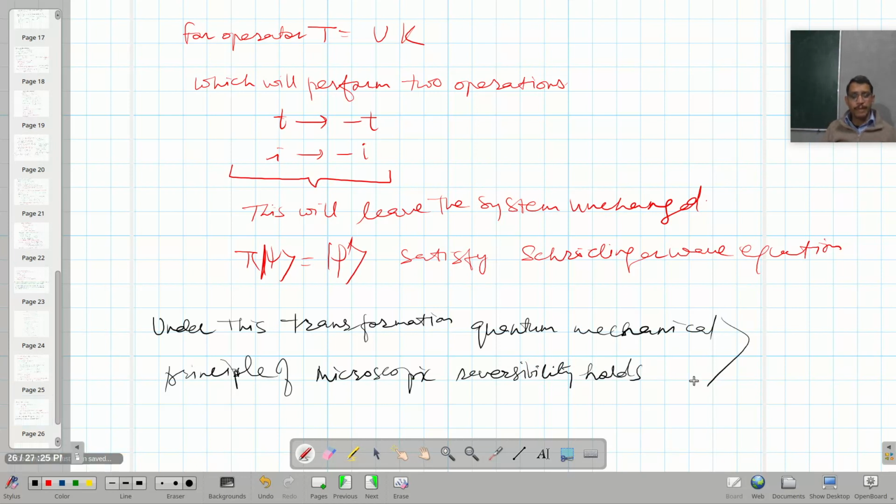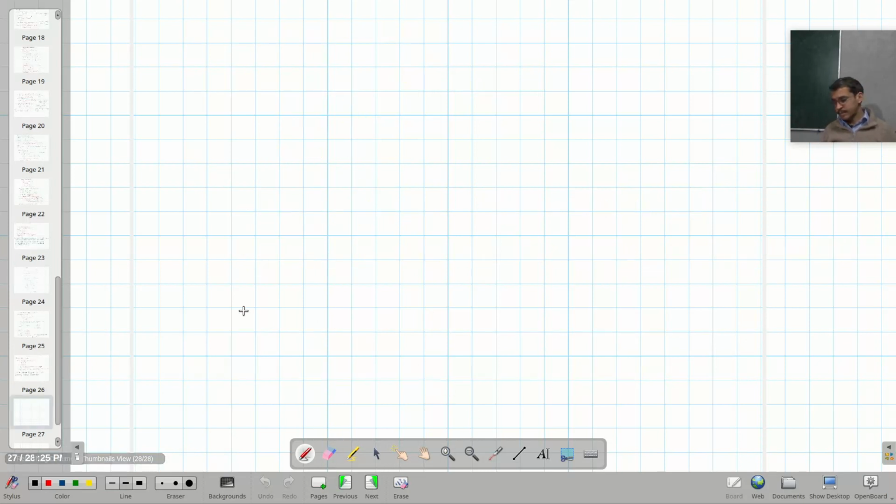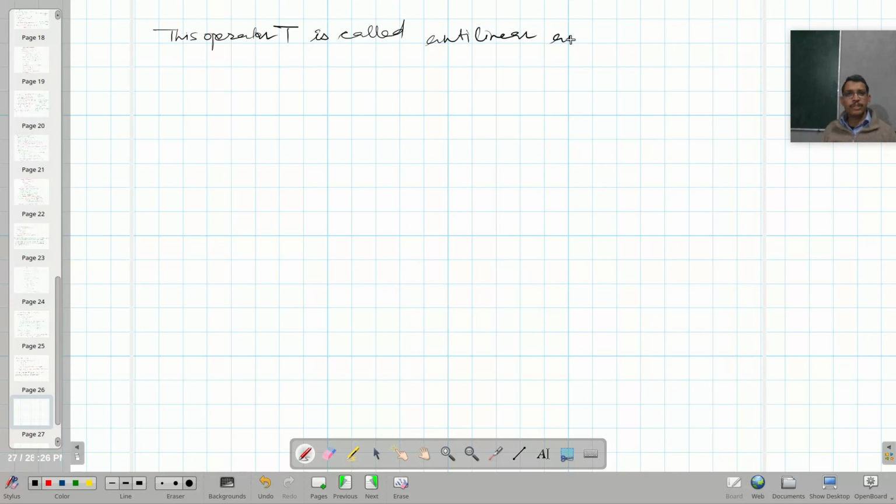This we have to keep in mind. This operator T is called antilinear, and anti-unitary.